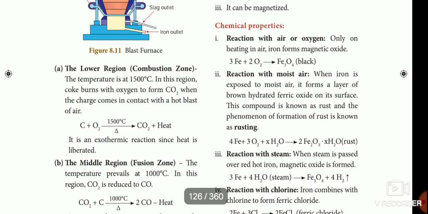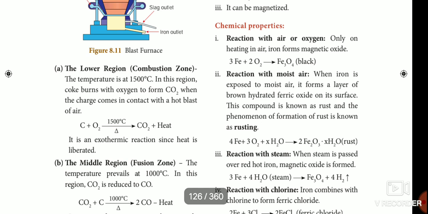Iron reacts with hydrochloric acid to form iron chloride, and hydrogen gas is liberated. Then iron reacts with sulfuric acid to give iron sulfate, and again hydrogen gas is liberated.